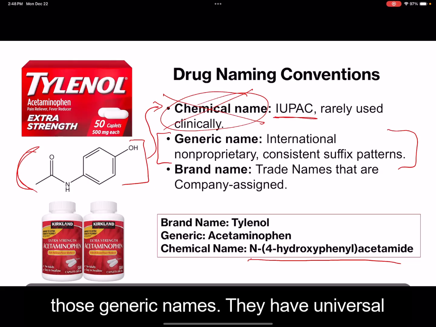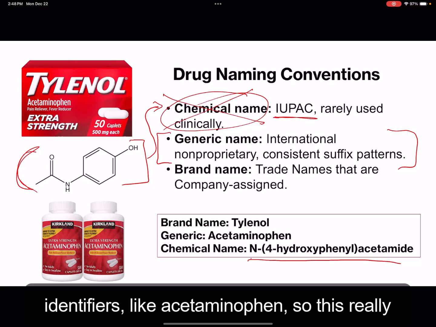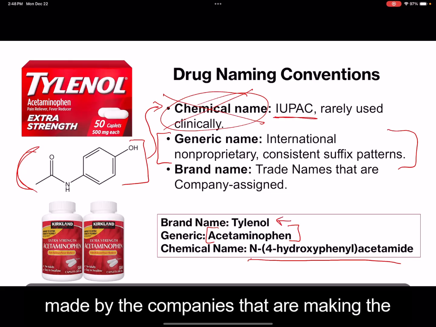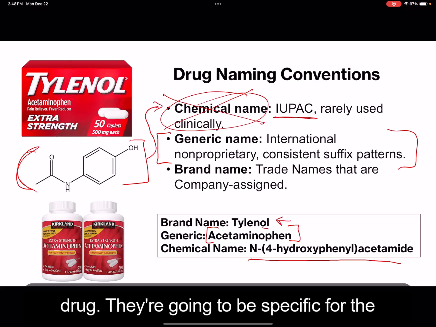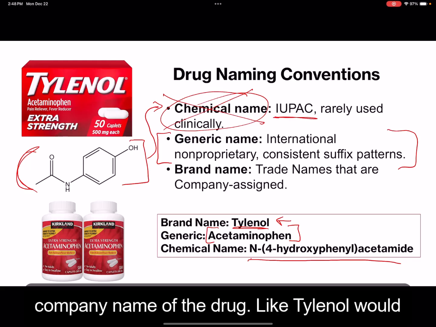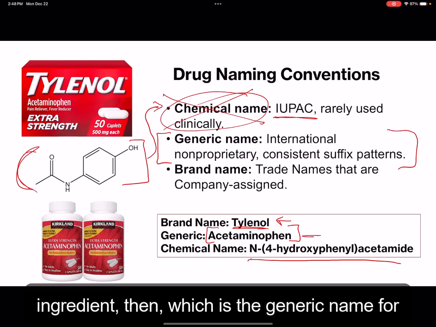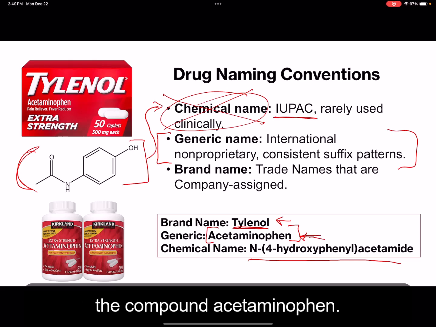They have universal identifiers like acetaminophen. So this really refers to the compound. And then the brand names are made by the companies that are making the drug. They're going to be specific for the company name of the drug, like Tylenol would be the brand name. It contains the active ingredient then, which is the generic name for the compound, acetaminophen.